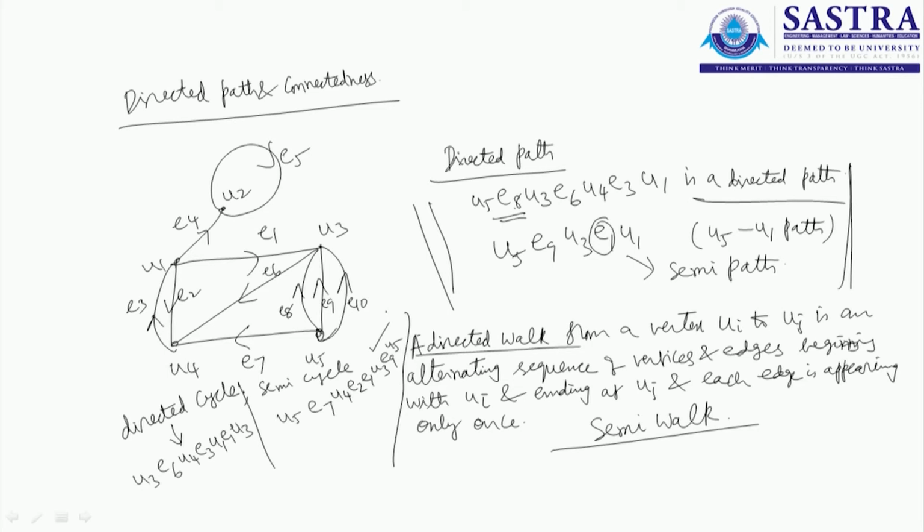That one is called the semi walk, semi path and semi circuit. So those things are to be remembered. When you talk about digraphs, you have two different paths that you have to consider.